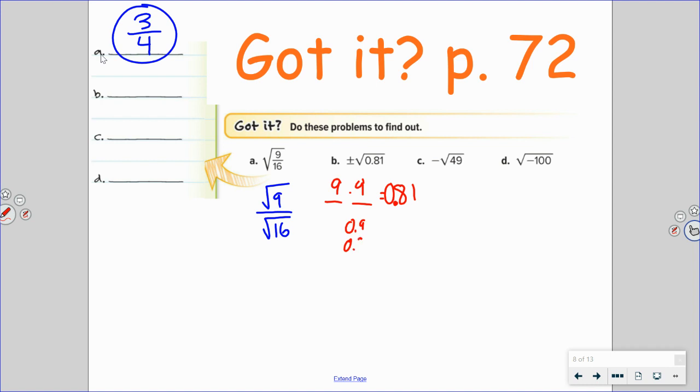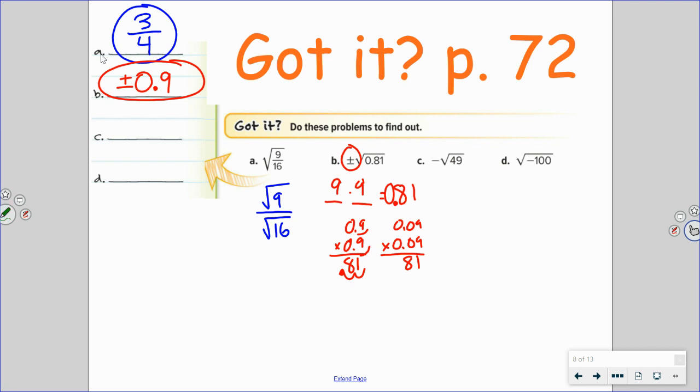So then you have to ask yourself, is it 9 tenths times 9 tenths? Is it 9 hundredths times 9 hundredths? In this case, the only one that will work is 9 tenths times 9 tenths. So not only will we write the 9 tenths, but we're going to write that funky plus or minus, positive or negative symbol, and learn more about that the next day.